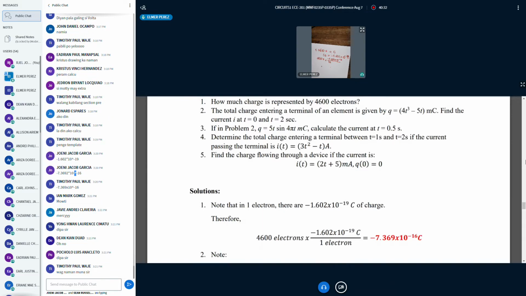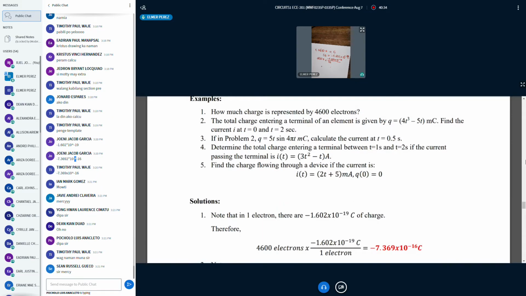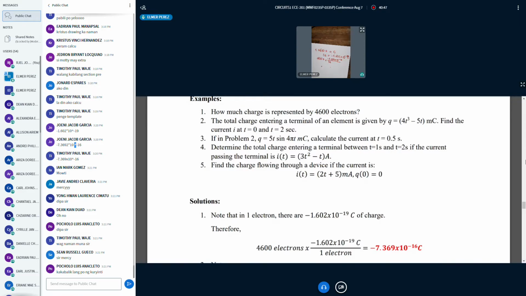Okay, so let's have number 2. The total charge entering a terminal of an element is given by Q is equal to 4t cubed minus 5t microcoulomb. Find the current at t is equal to 0 and t is equal to 2 seconds. Nakikita nyo ba?